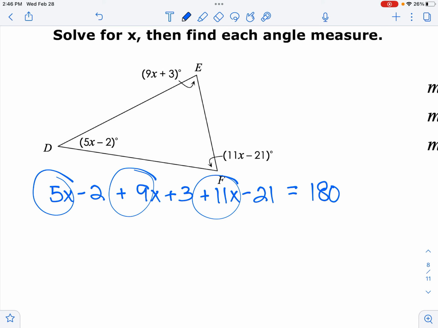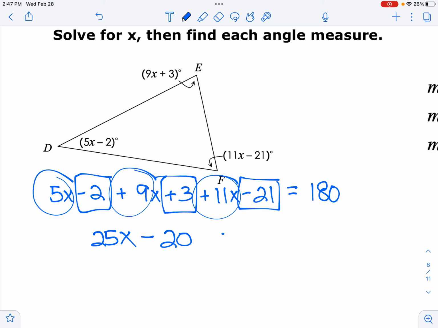So I have 5x plus 9x plus 11x, that's 25x. Okay, and then I have negative 2, plus 3, and then minus 21. If I add those three together, I get negative, what, 20? Now that has to be equal to 180.